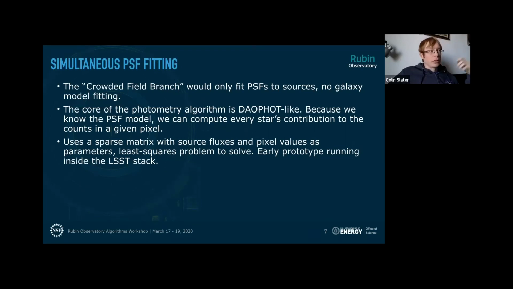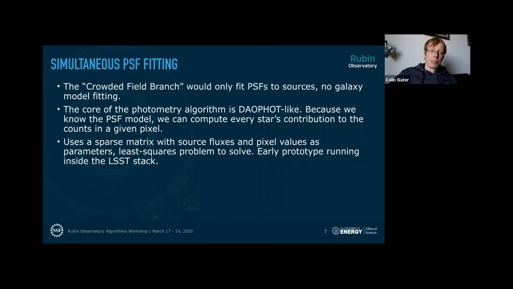A lot of times when I'm talking about crowded field analysis, people ask, why not just run DAOPHOT itself? And the answer is that we can implement the core of the DAOPHOT algorithm much more easily than we can integrate DAOPHOT itself as a piece of software. And we've already done that basic core algorithm.